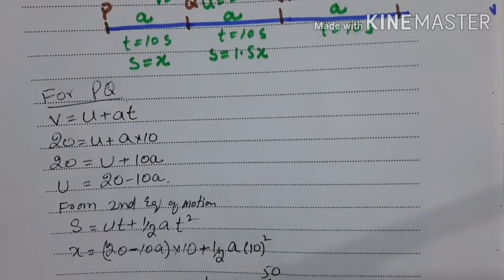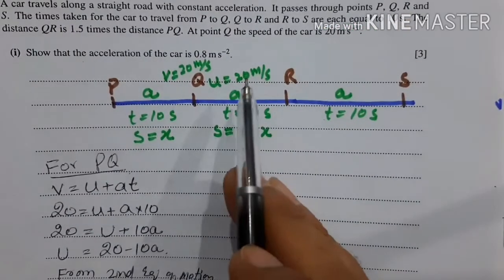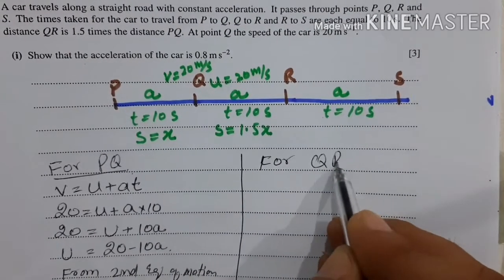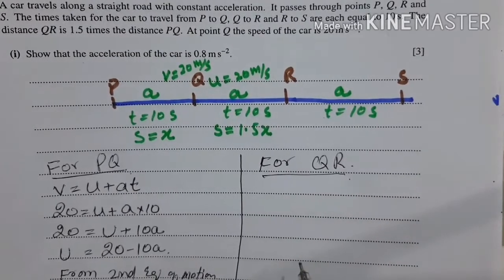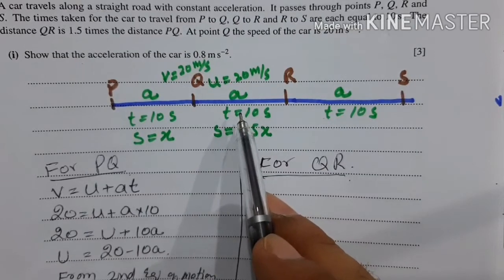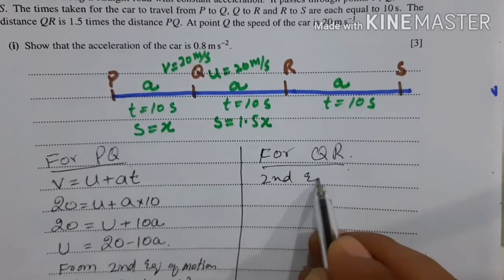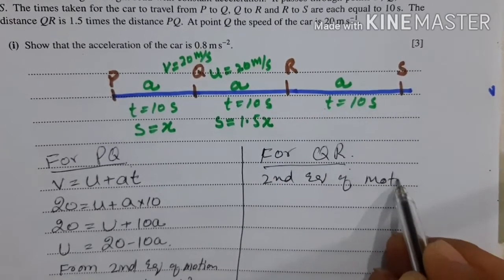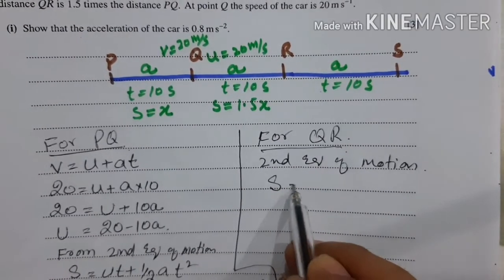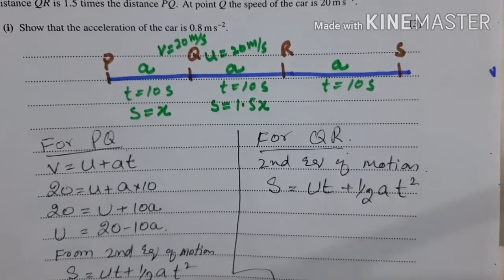Okay. Now I'll start again from the top for the second journey, for QR. I have S, T, U and A, so I will directly use the second equation of motion, which is S is equal to UT plus 1 by 2 AT square.